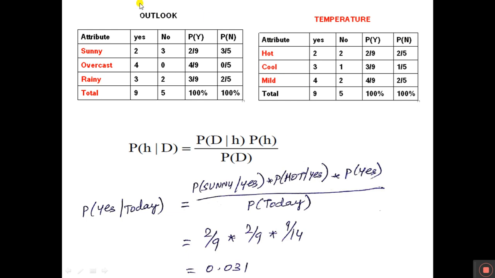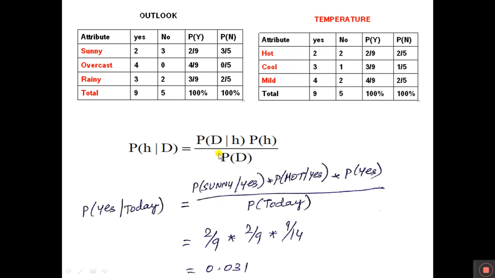Suppose in outlook, if sunny, first I take whether I need to play tennis or not. On that condition, I need to find how many probability of yes available for outlook sunny. Similarly for temperature in the attribute of hot.